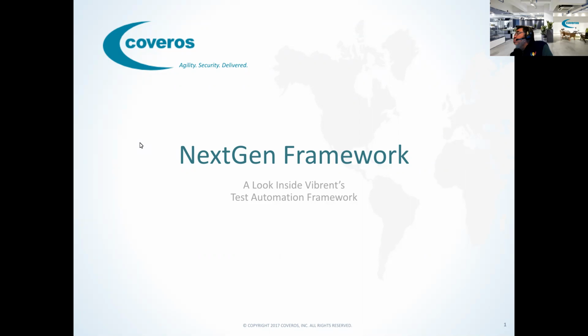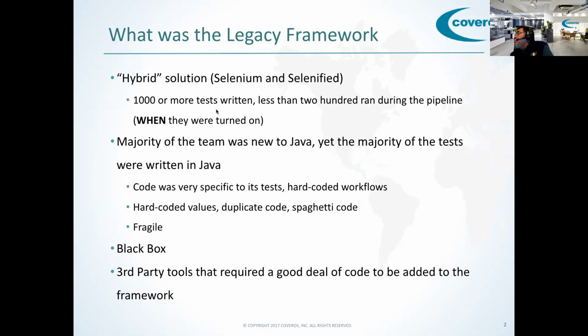So let's move to the next slide. What was the legacy framework? The legacy framework was a hybrid solution of Selenium and Selenified, and they wanted to get rid of Selenium and Selenified for a few different reasons. One is it was kind of a black box.